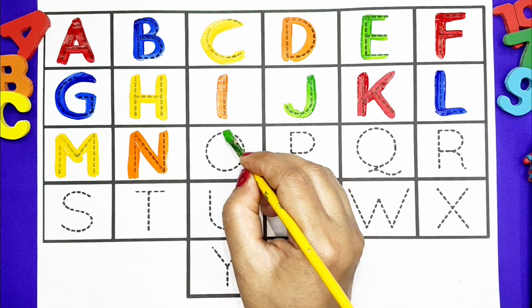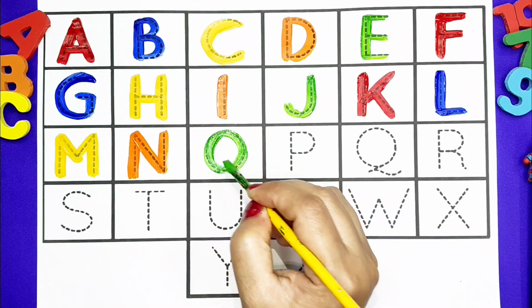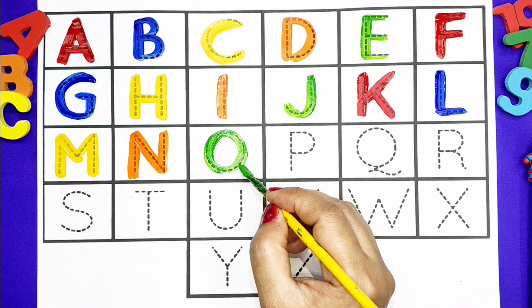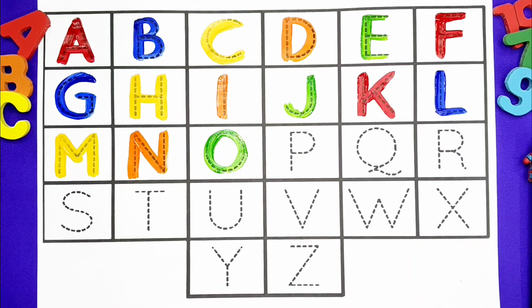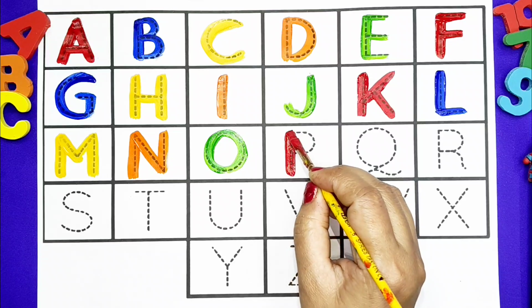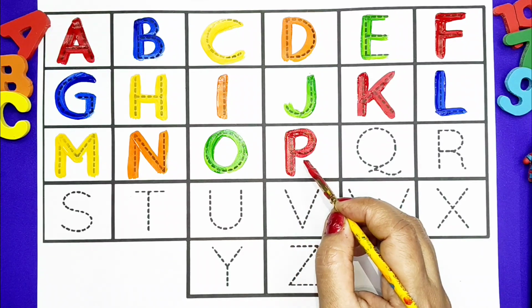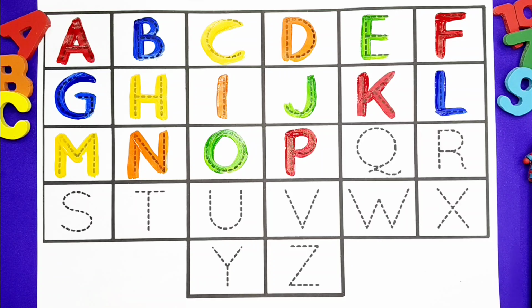Light green color, O, O for octopus. Red color, P, P for panda.